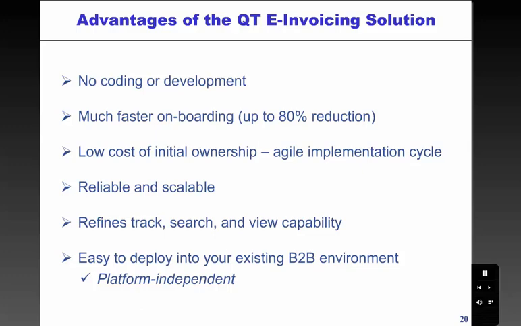We'll be glad to discuss that with you. And that initial ownership cost goes down into Agile implementation as well. A solution that's both reliable and scalable. You saw the scalability. It has refined track, search, and view capability, and is easy to deploy into any existing B2B environment. Let's take a look at a few of those.